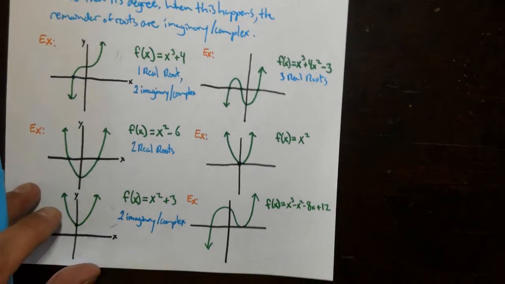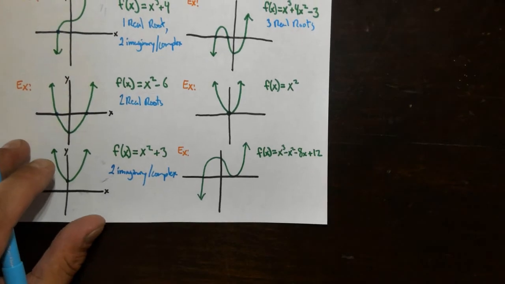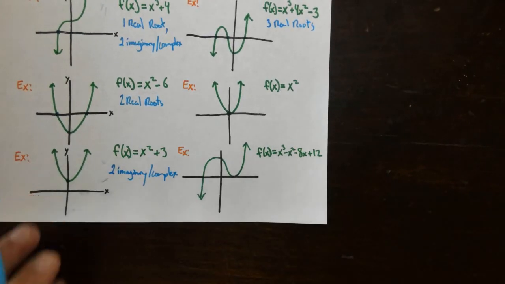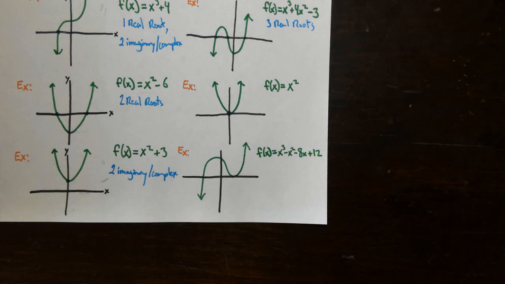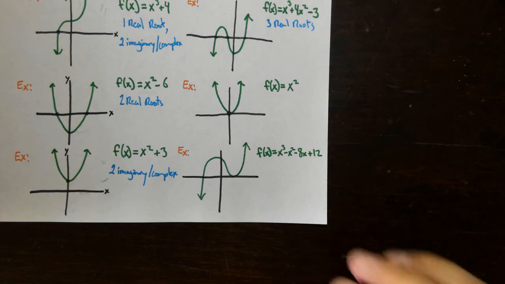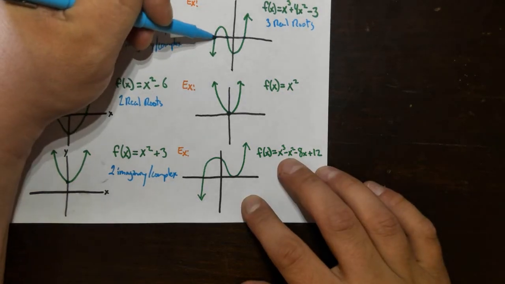These last 2 examples here are special cases. And this goes back to root multiplicity. So remember that if we have a function that crosses the x-axis, there is 1 root at that point. For instance, right here, it crosses, there's 1 root.